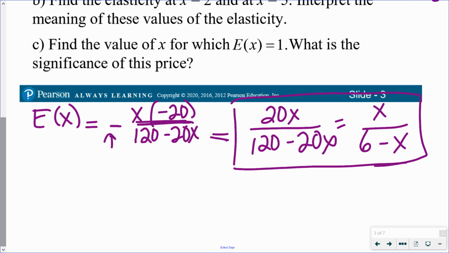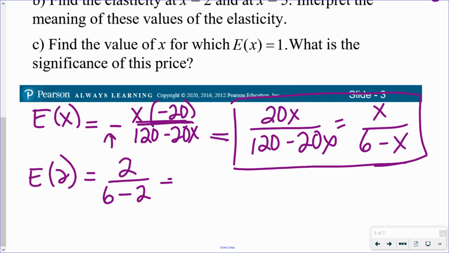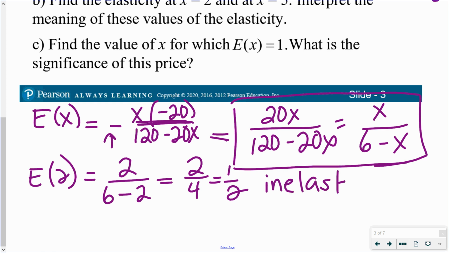Then we want to find out what the elasticity is at a price of $2. So we want E of 2. So let's see what that is. We have 2 over 6 minus 2. So we have 2 over 4, which is 1/2. So at $2, this is inelastic.